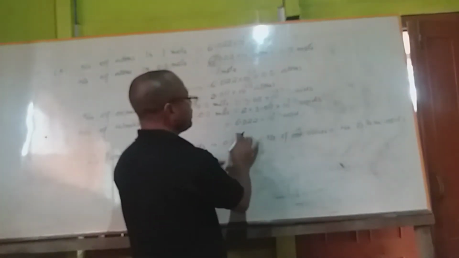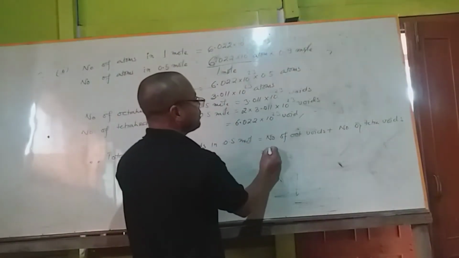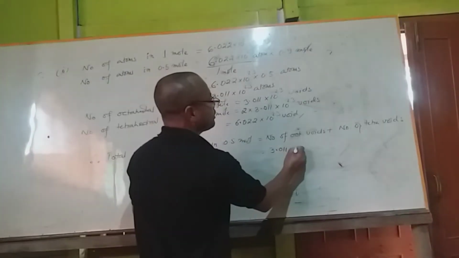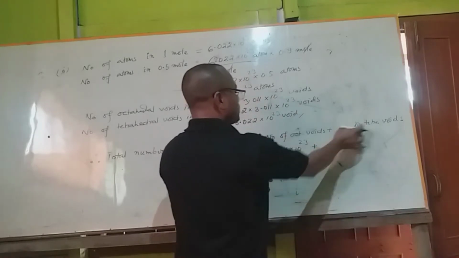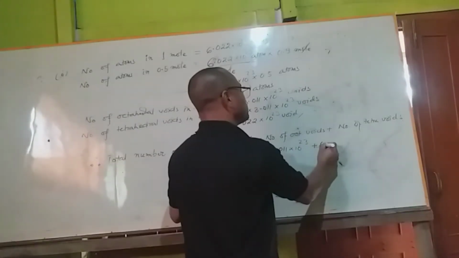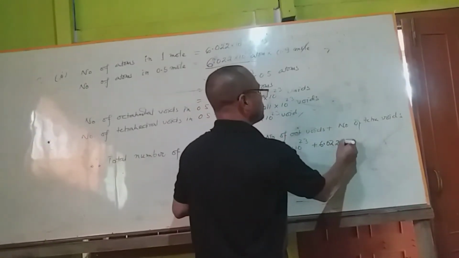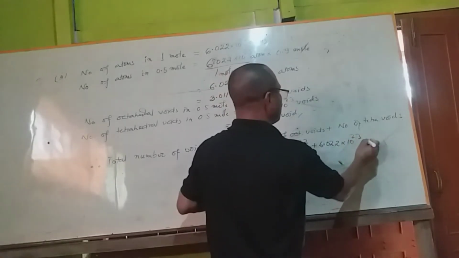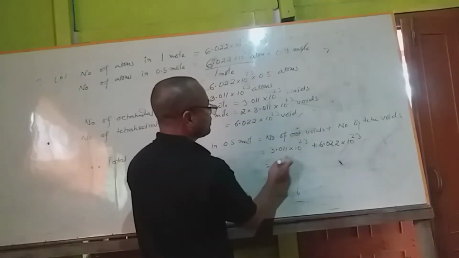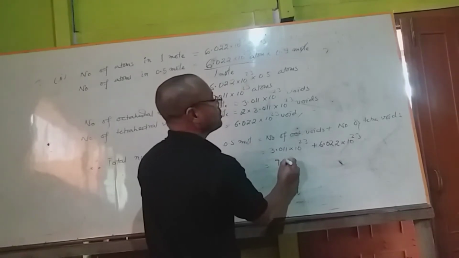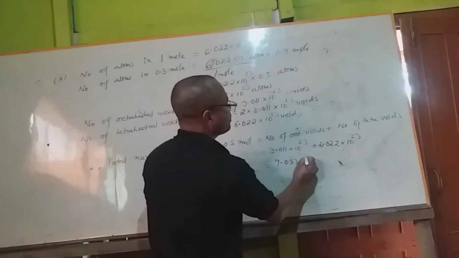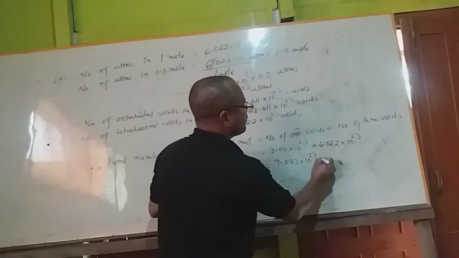That is 3.011 into 10 to the power 23 plus 6.022 into 10 to the power 23. When we do the addition, that is 9.033 into 10 to the power 23 voids.